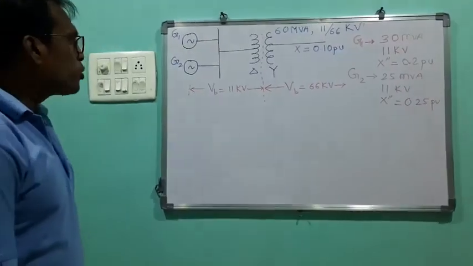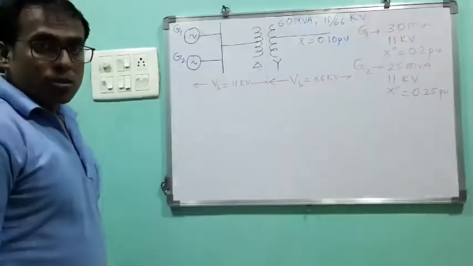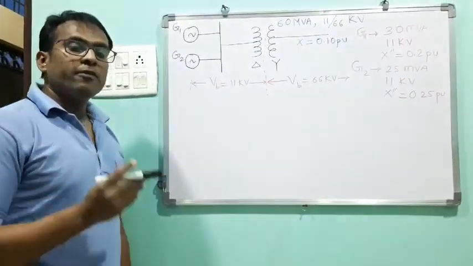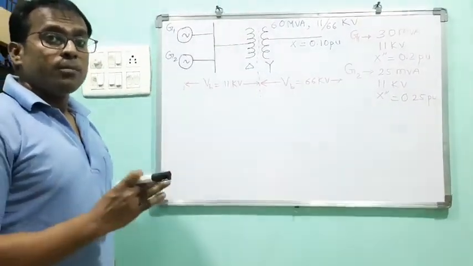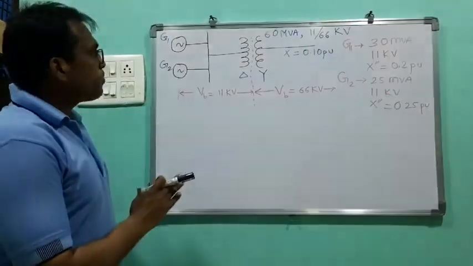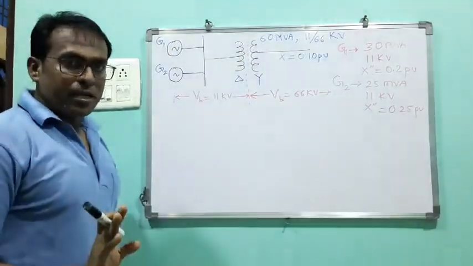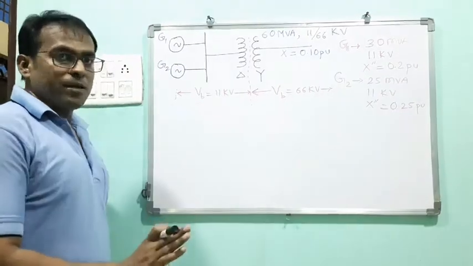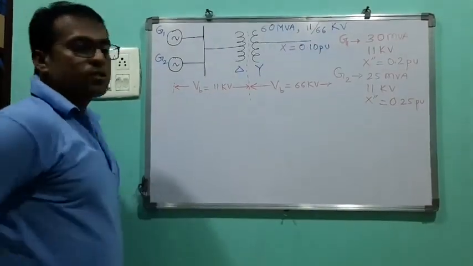Now what do you have to do? You have to take the base. I already told you that when you are taking the new base, for G1, G2 and the transformer we take the same MVA base and kV base. The kV base is nothing but 11 kV and 66 kV.